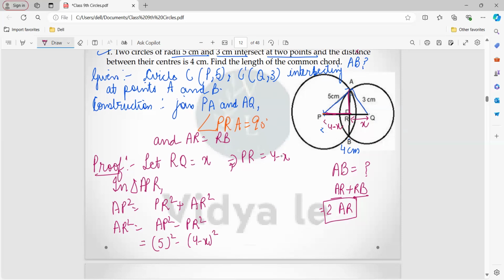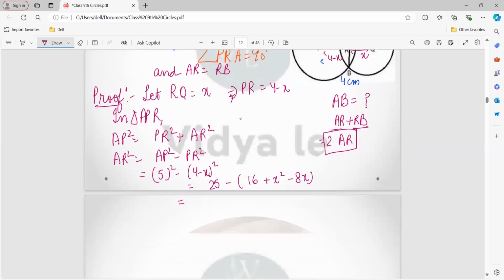So let's solve it. 5 square is 25, minus 4 square is 16, x square is x square, minus 2 times 4 times x is 8x. It is equal to 25 minus 16, which is 9, minus x square plus 8x. So this is the value of AR square, but in terms of x.